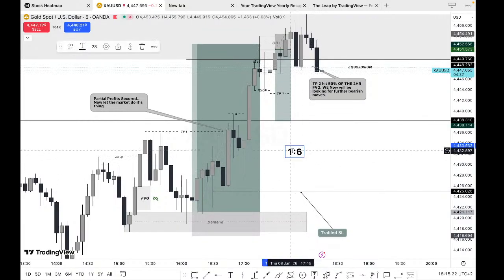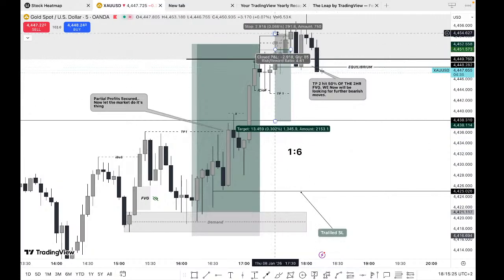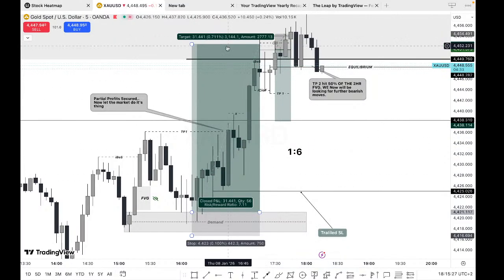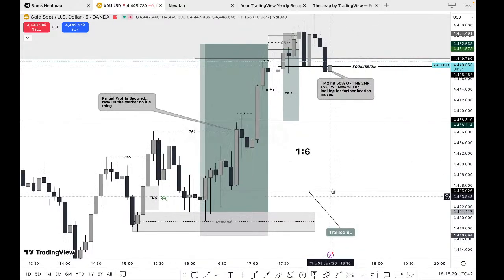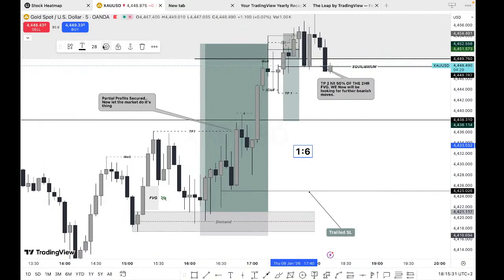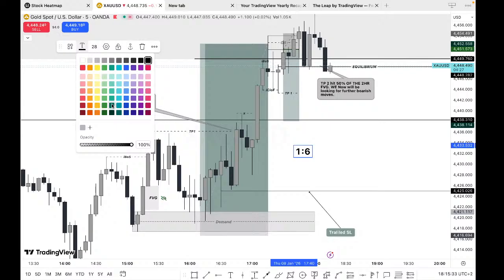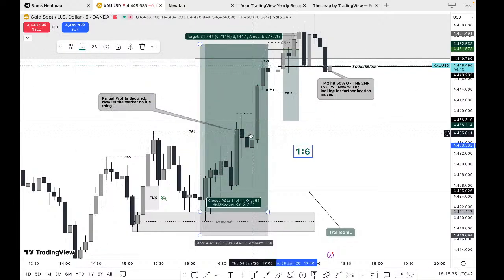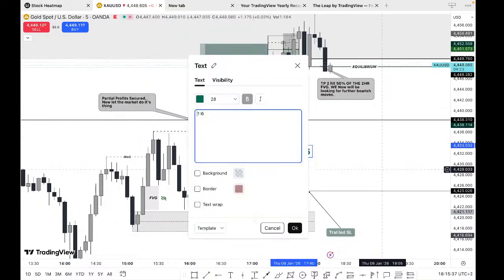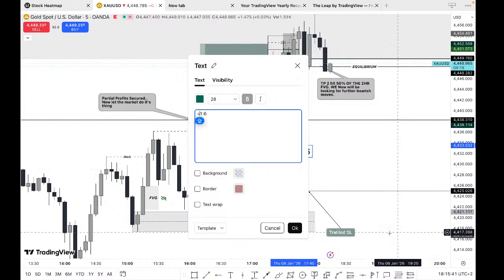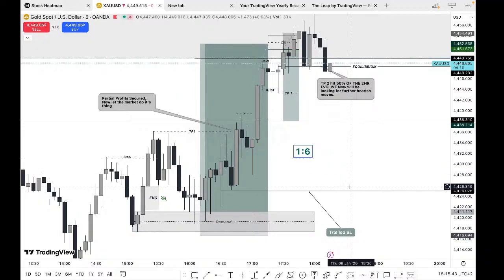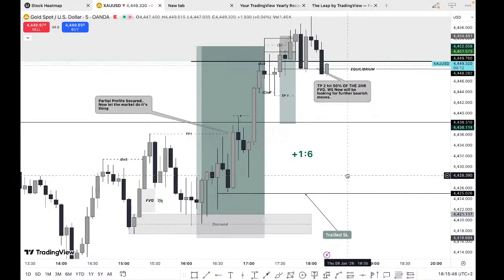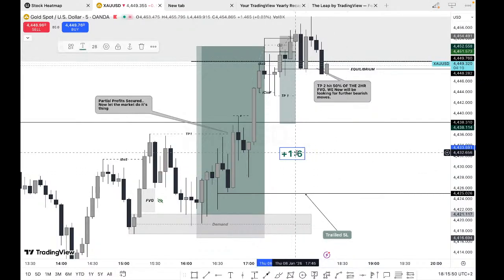All right, so still beautiful, because we only lost a fraction of the profit that we made here. So we did a plus 1:6 here, so it's really dope.